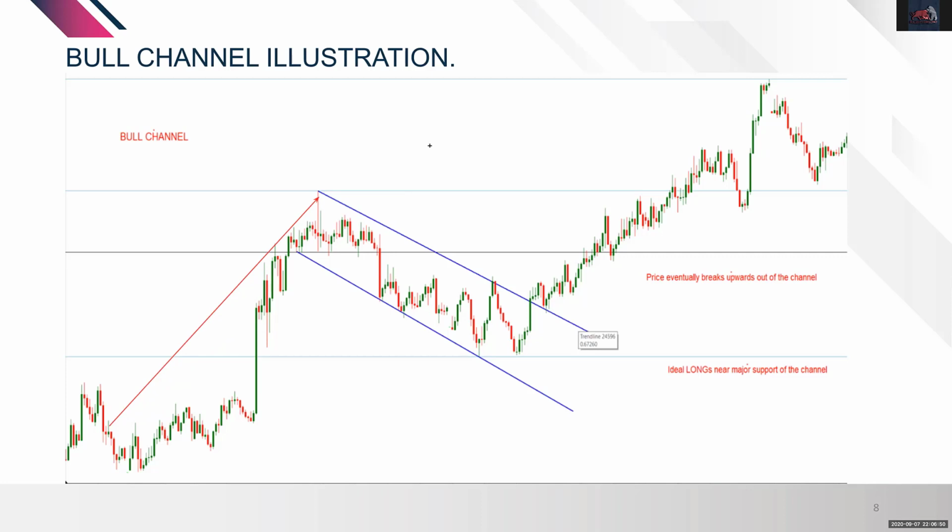And then the market starts forming lower high, lower low, lower high, lower low, before eventually it breaks out here. You see where it broke out? Let me just circle it quickly. The market breaks out here.